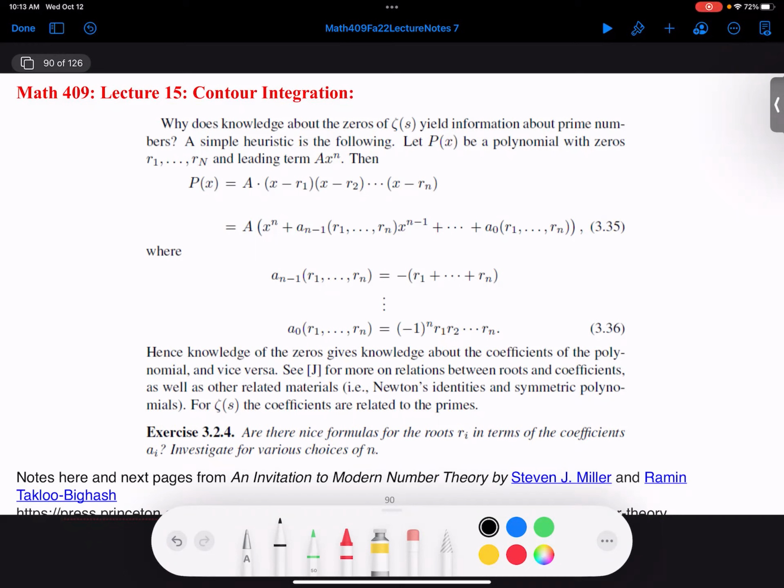We don't like to work with products. We like to work with sums. But the log of a product is the sum of the logs. So if we take a logarithm, we now have the log of the zeta function, which will have a series expansion involving primes. And by knowing things about the zeros there, we can translate information about the primes.